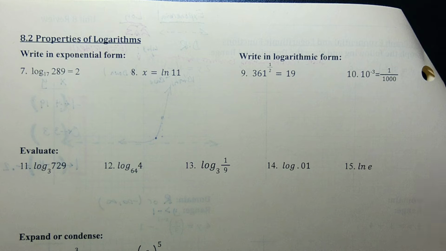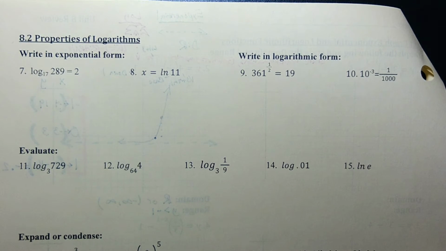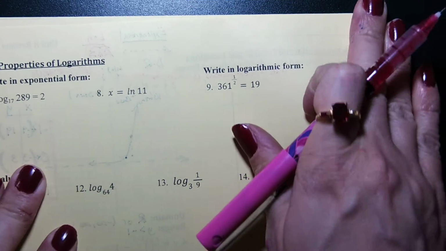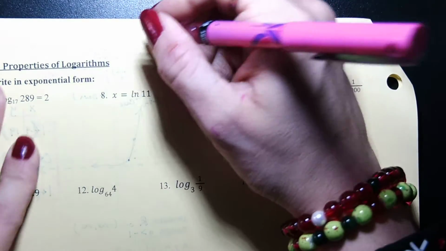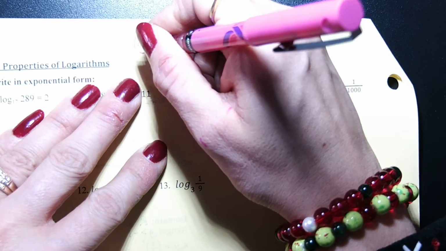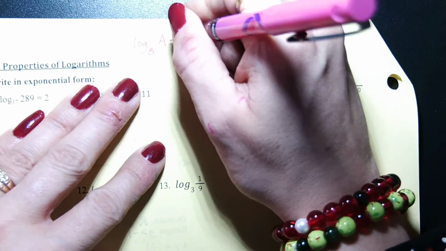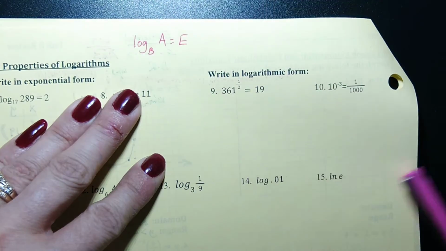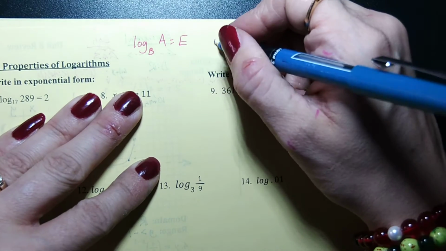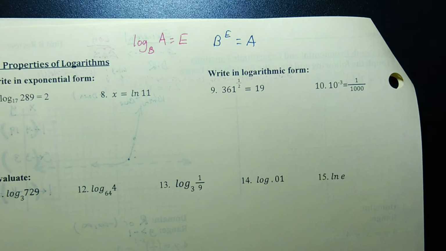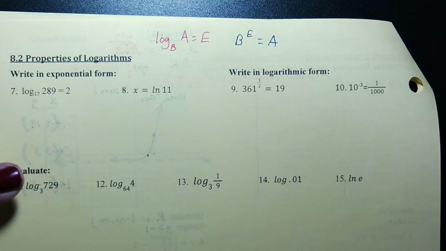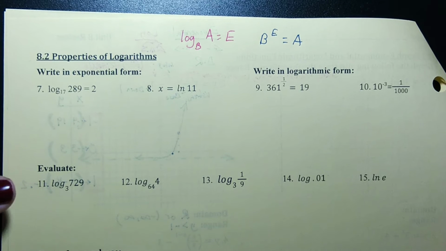So the two things that we need to remember are our rules for going between the two forms, which would be log, big animal, ears, and for exponents, base to the exponent equals the answer. That's what we're going to be using for rewriting between the two forms.